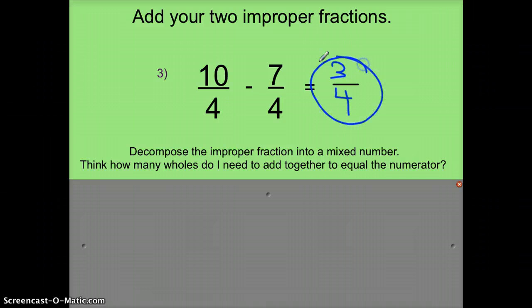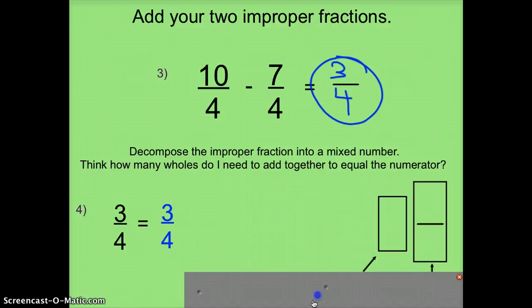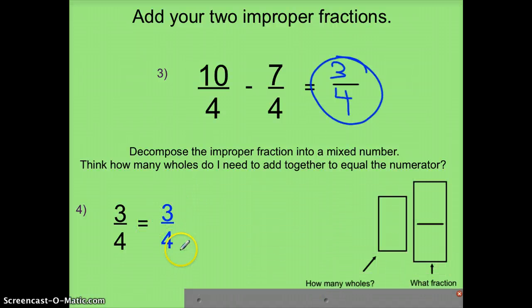Now, with a problem like this, it didn't turn out to be improper. So 3/4 just equals 3/4. There's no whole that I can take out or add in my addition sentence. Based on this, there are no whole numbers, so I don't have any wholes. I just have 3/4, and that's the answer.